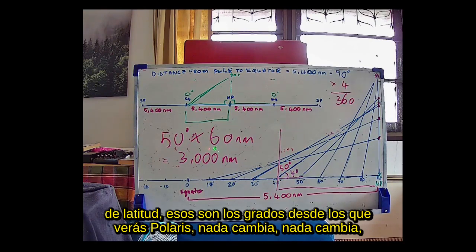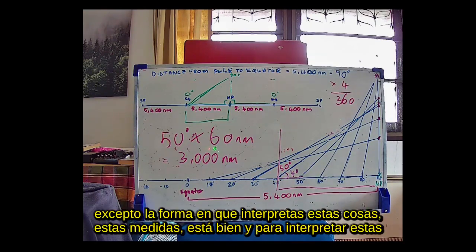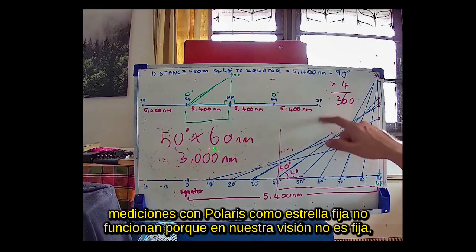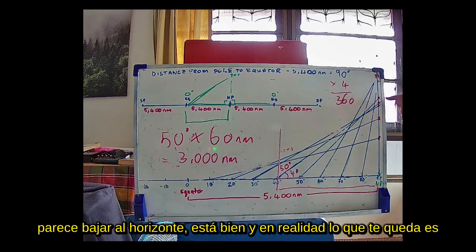Nothing changes. Nothing changes except the way that you interpret these things, these measurements, okay? And to interpret these measurements with Polaris as a fixed star doesn't work, because in our vision it's not fixed. It does appear to come down to the horizon, okay?